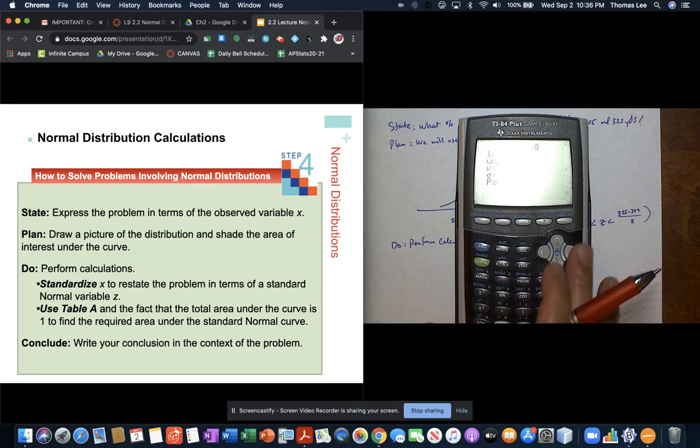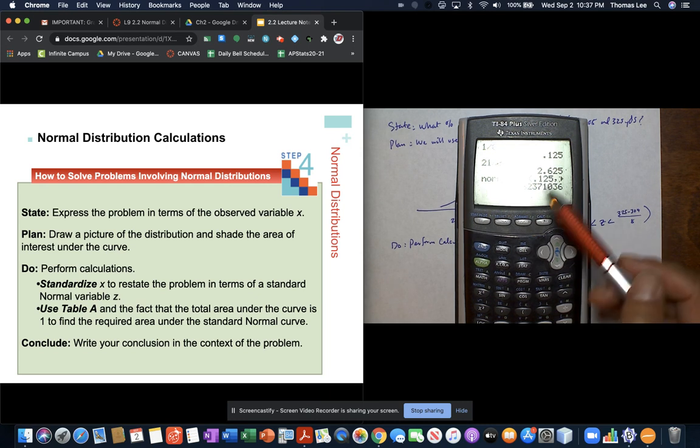Second vars, normalcdf, 0.125 to 2.65, using the standard normal. We get 0.446237. Now, how many digits should I go to? We're going to go 4 digits.